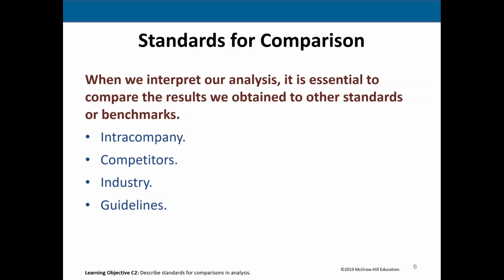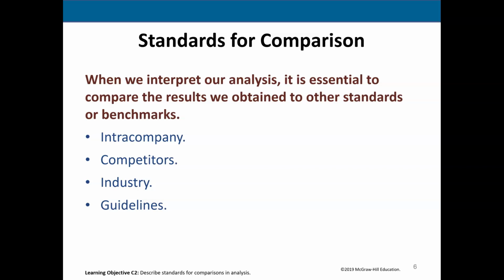When you perform these ratios and analyze the financial statements, you usually compare them to something. Just seeing one ratio, like I said a minute ago, you can see where they are now, but you don't know if that's better or worse than what they were. So that's why you want to compare it to something. The first thing is intra-company.